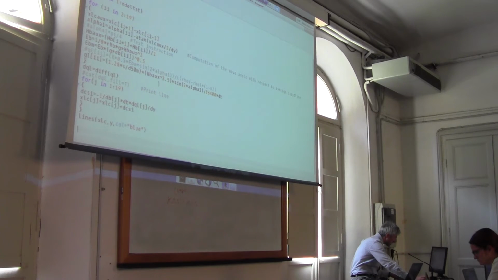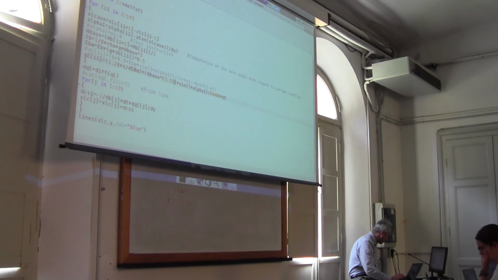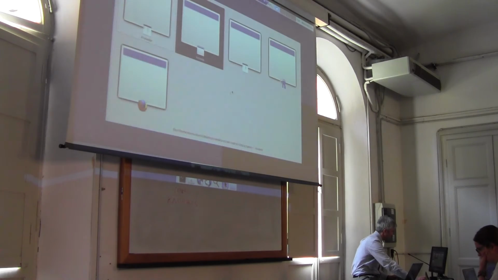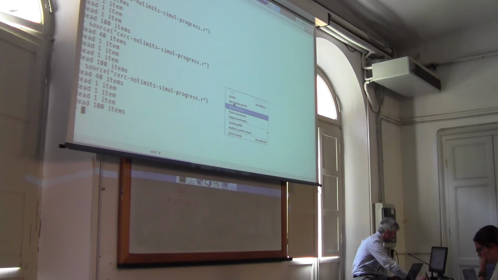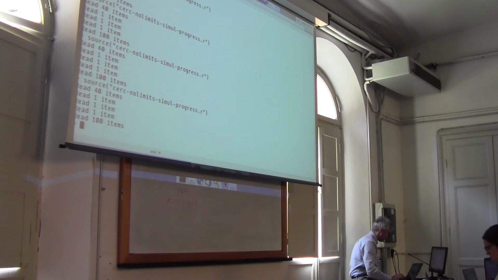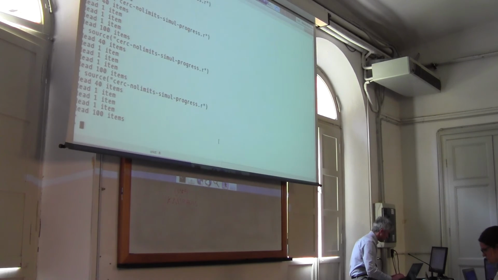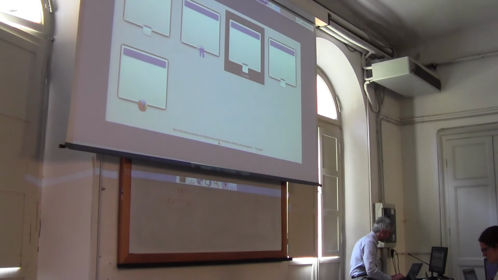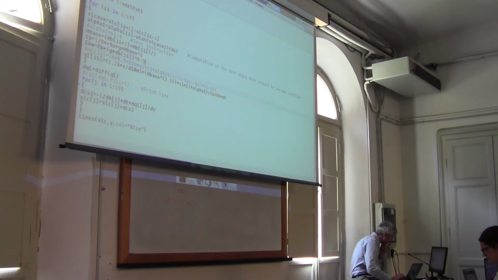Let me put just a parenthesis here because I'm not sure. It shouldn't make any change, but I just want to be sure. Okay, they overlap, so let me then make this experiment.